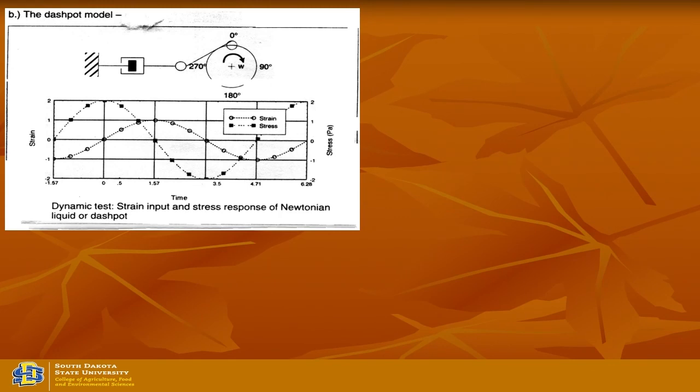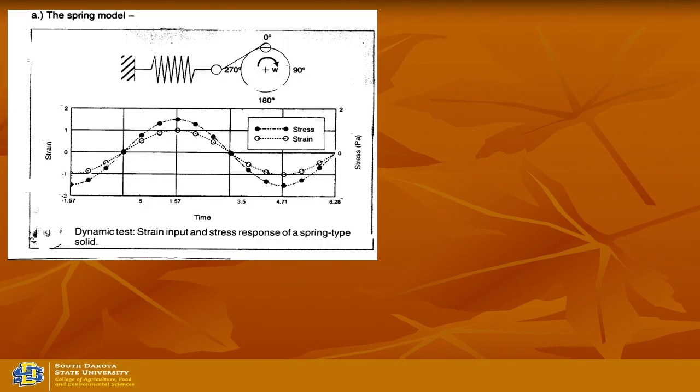So if you compare this strain input and stress output, strain input is the same for both the elastic and viscous model, right? This is the viscous model, strain input is like that. When you go back and check the spring model, again same strain input, but the stress output is different.